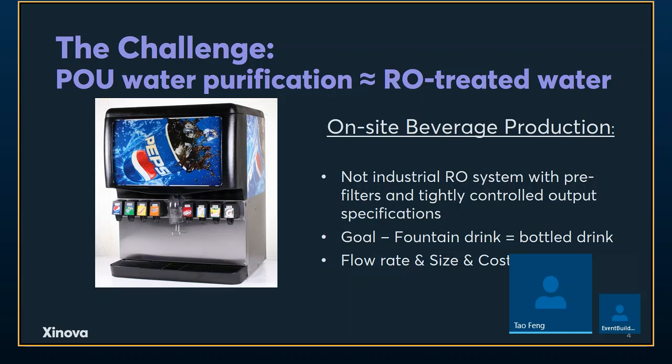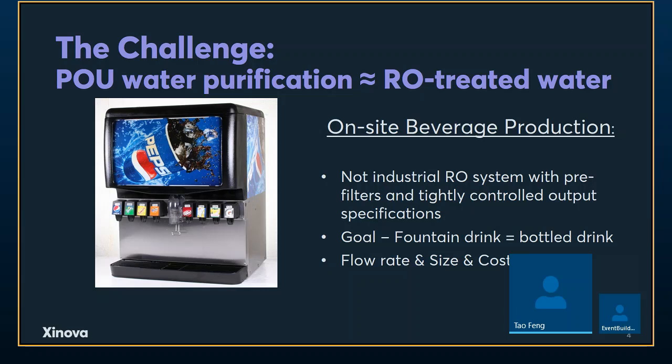Fountain beverages are more than 80% water. But fountains, unlike beverage production facilities, don't have the benefit of a reverse osmosis water purification system on site with pre-filters and tightly controlled output specifications. As a result, the water used in these soda fountains may not taste as good as bottled water.